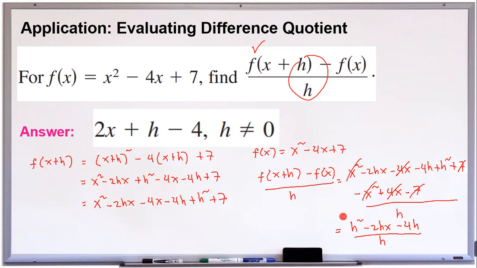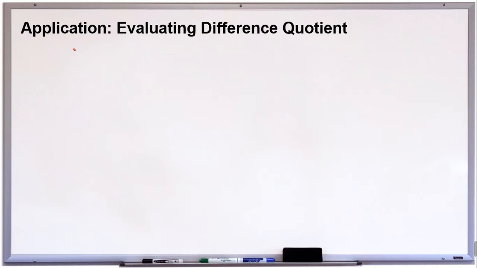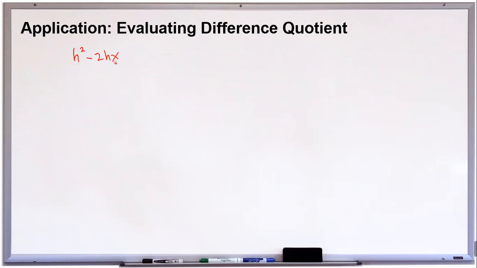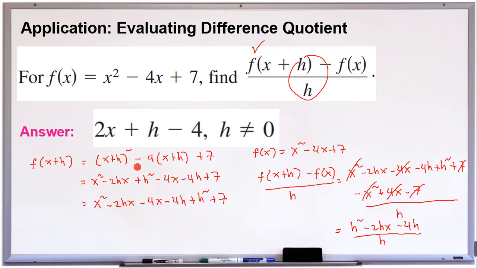Now, by observation, we have a common factor. Let's rewrite this here. So we have h squared minus 2hx minus 4h all over h. Now we're going to factor out h. This will become h times h minus 2x minus 4 all over h. So this will be cancelled out. What's left is h minus 2x minus 4.